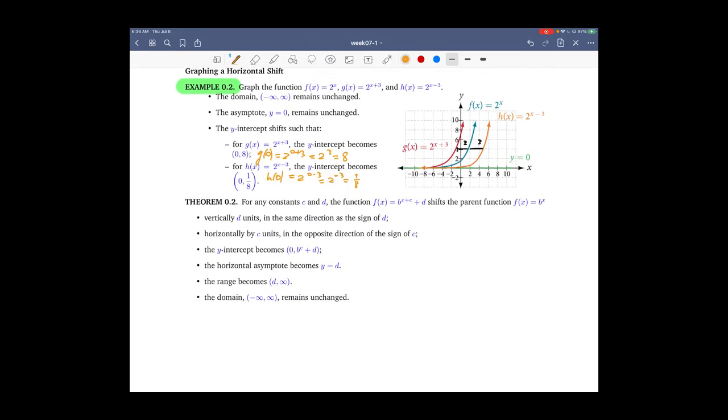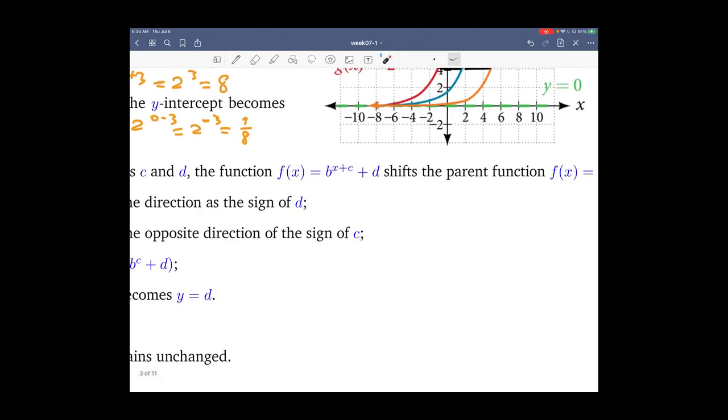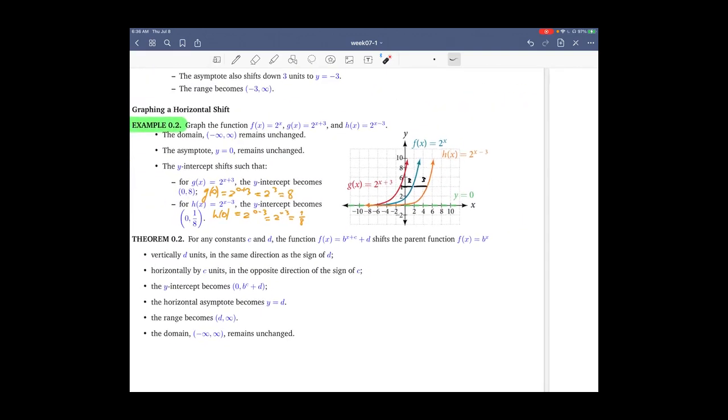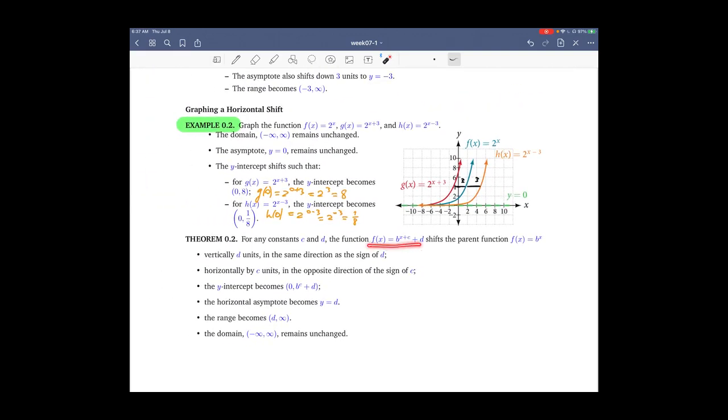So the theorem here at the bottom of the page simply summarizes all these findings. Suppose we have some constants c and d, and if we want to understand the graph of the function b to the power x plus c, plus d, we can argue that the graph of this function can be easily obtained from the graph of the function b to the power x by a sequence of transformations.